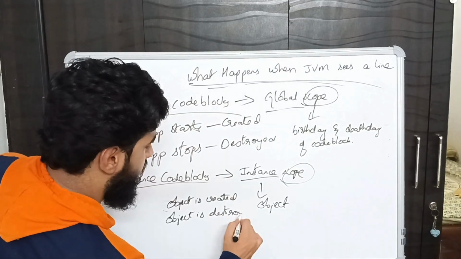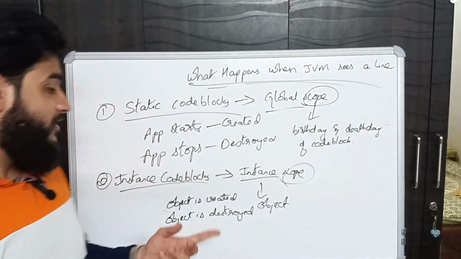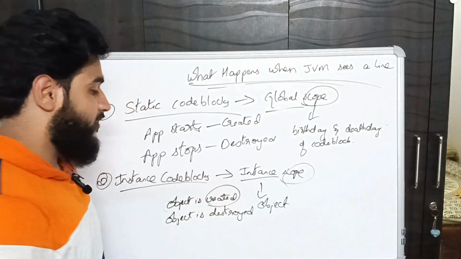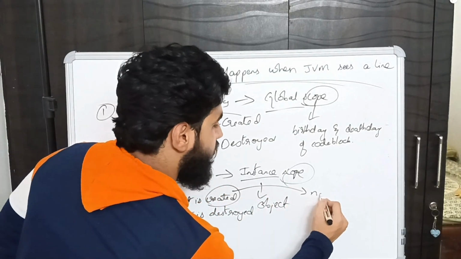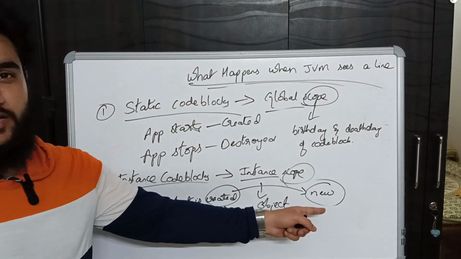Simple. Now you might be asking a very important question. When will the object be created and when will it be destroyed? The answer to the first question is basically when we used the new keyword to create the object in the earlier statement.